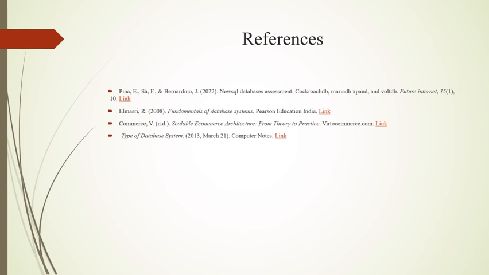Through the analysis that has been done in the class, I've learned how the choice of database architecture could significantly affect the performance, scalability, and resilience of an e-commerce platform. By examining the centralized, partially distributed, and fully distributed models, I gained insight into how different businesses align their database strategies with operational goals.